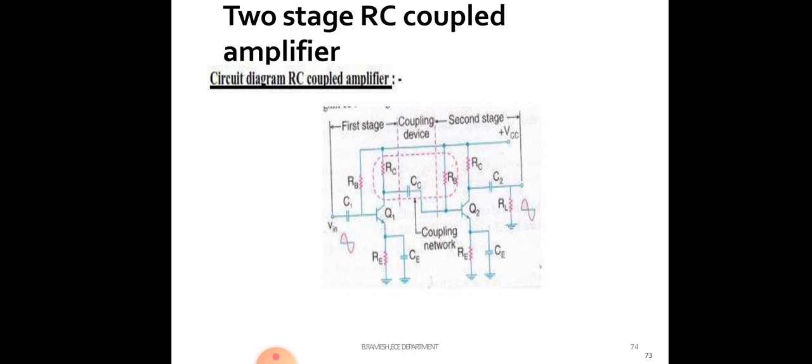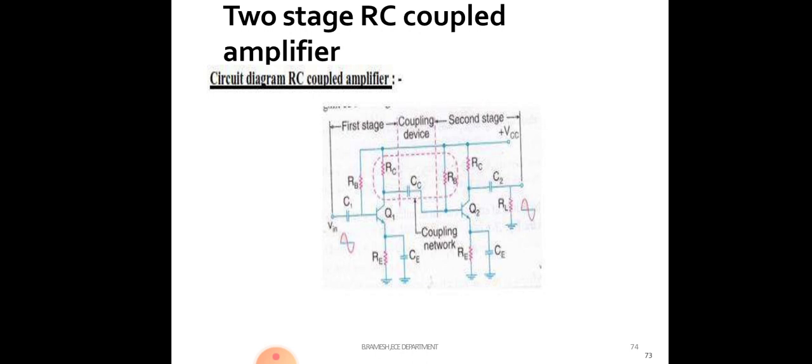Similarly, for the negative cycle of the input signal given to the Q1 transistor, negative voltage is given to the P region. Negative voltage means reverse bias, so across the Q1 emitter base junction the base current decreases. So base current decreases means IC current decreases, which means VC voltage increases.